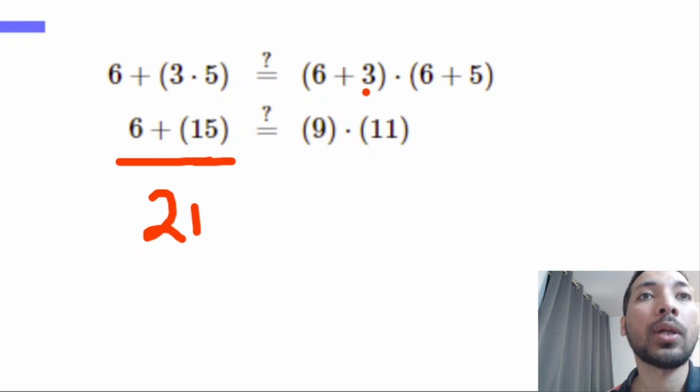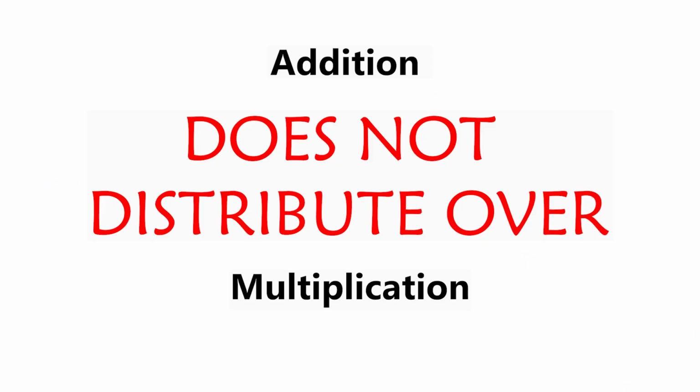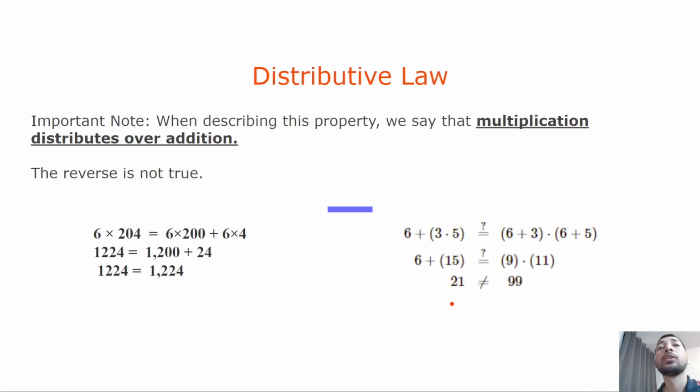And 6 plus 3 equals 9, and 6 plus 5 equals 11. Now we multiply 9 and 11 to give 99. We can see that we cannot distribute addition over multiplication. So 21 is not equal to 99. This proves that multiplication distributes over addition in the distributive law.